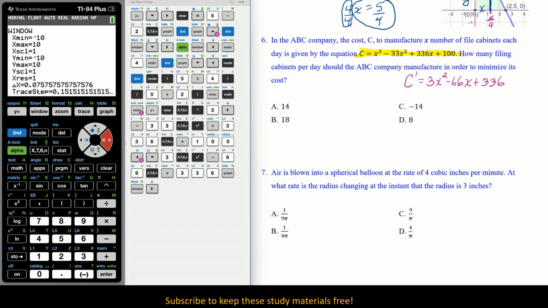I'm going to put -2 as our minimum and 20 as the maximum. Leave that alone, and arrow down.